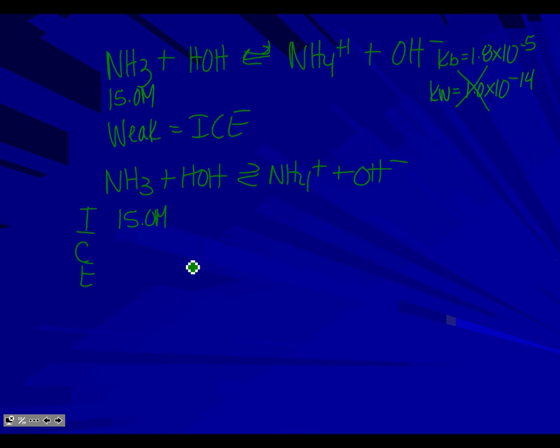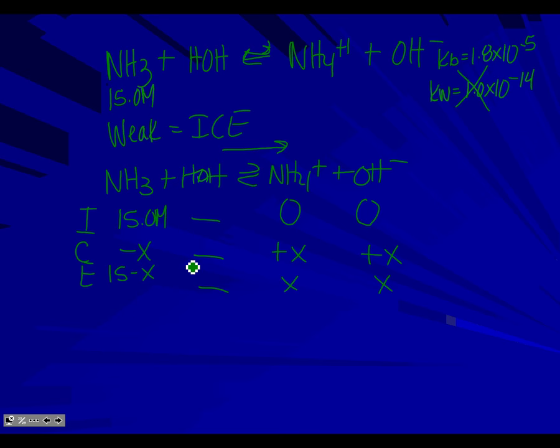We do not care about the water at all because water is a liquid. So all the way down, we're just going to completely ignore that part. None of our products. Now we know that this is automatically going to shift to the right because we don't have any product. Minus x, plus x, plus x. 1.5 minus x, x, and x.